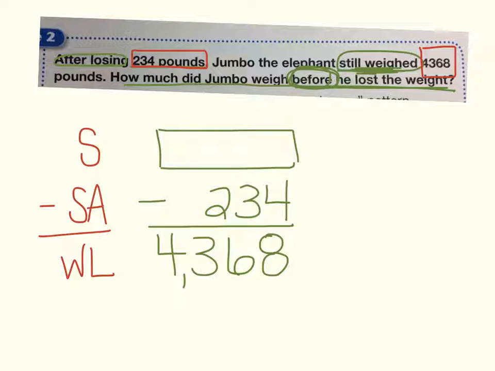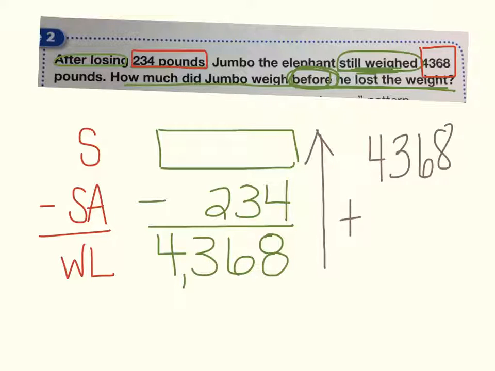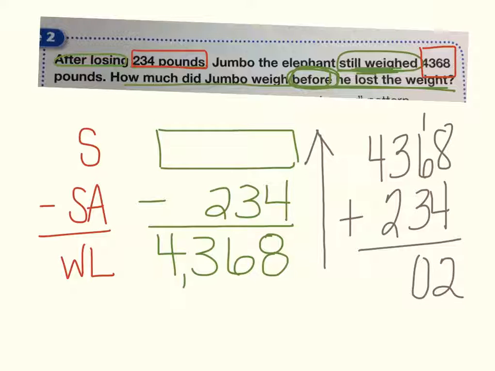Now here's where we have to go back to what we did a couple of lessons ago. It's a subtraction problem, so I am going to throw it into reverse and say 4,368 plus 234. 8 plus 4 is 12, carry the 1. 6 plus 3 is 9, plus 1 is 10, carry the 1. 3 plus 2 is 5, plus 1 is 6.